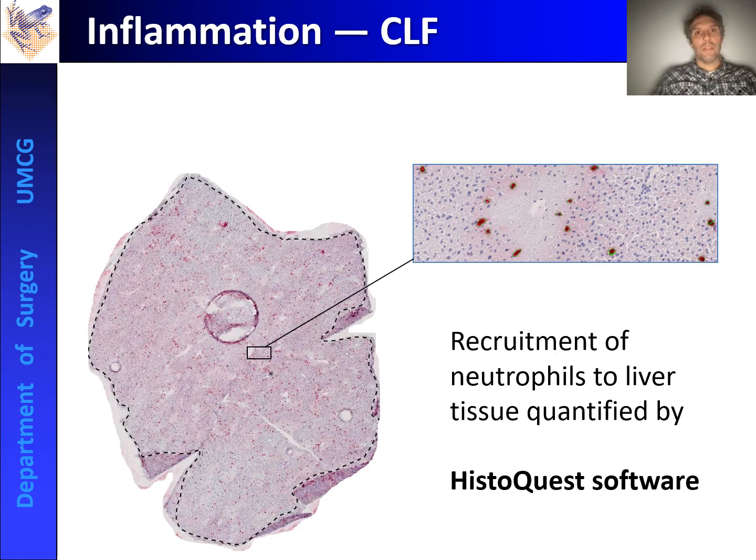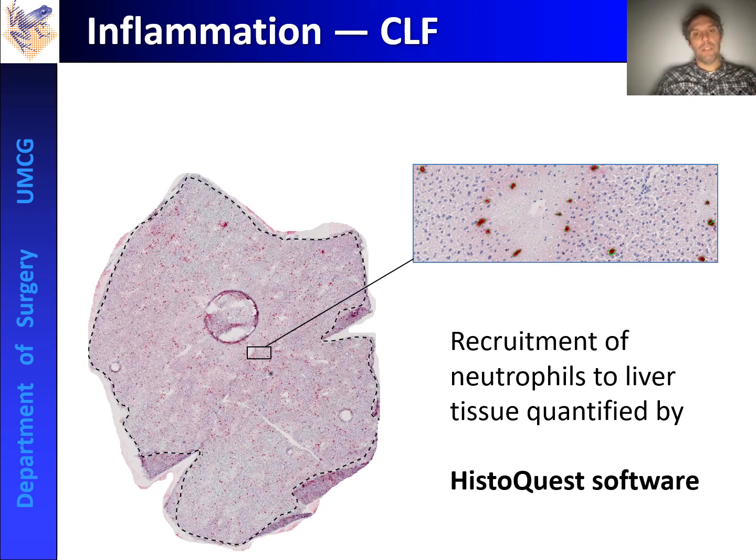So we also looked at inflammation secondary to liver damage, and in this case we used influx of neutrophils as a marker of inflammation. In the old days we would have measured each neutrophil and divided that by the total amount of cells within a particular random section.